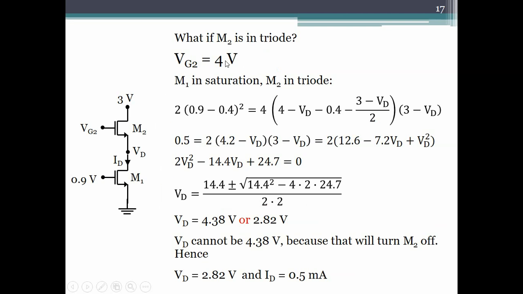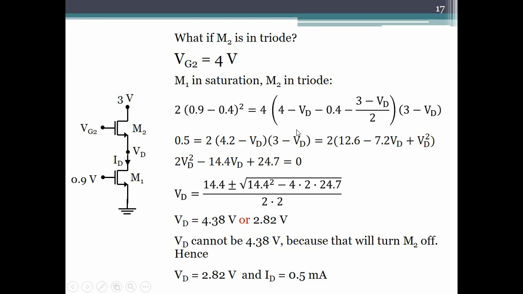Okay, let's make VG very high, 4 volts. We said that above 3.4, M2 will be in triode. So with VG equal to 4, M2 will be in triode, M1 will be in saturation. Reverse, so again we write the two current equations. Write them very carefully, that is the only thing.